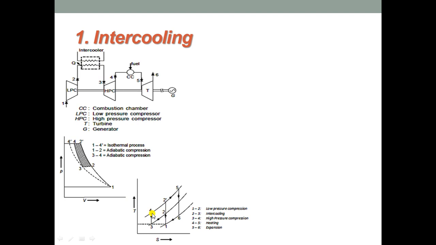Separation of the compression process with an intercooler, that is process 2 to 3, lowers the temperature of air, helps to move the final compression curve to convergence of lines of constant pressure on TS diagram.